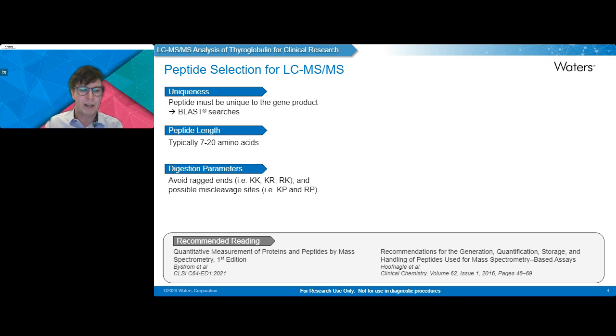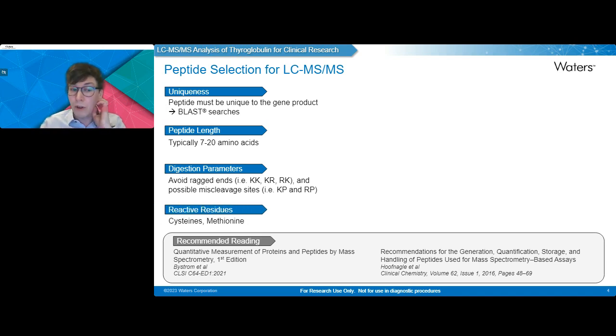Those ragged ends are where you have two lysines together, or arginines together, or more. So you could have a sequence of arginines and lysines that contribute to that variability. Also the possible miscleavage sites should be avoided, which include arginines and lysines adjacent to prolines at the C-terminal side.